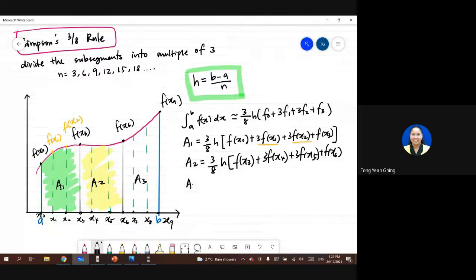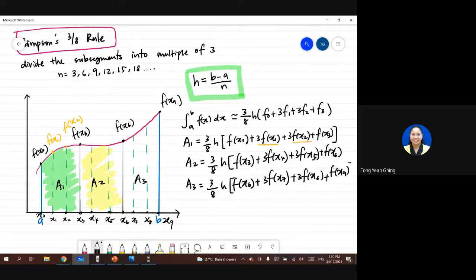And then A3 equal to 3 over 8H times Fx6 plus with 3 Fx7 plus with 3 Fx8 plus with Fx9. Okay, so this one is the A3.